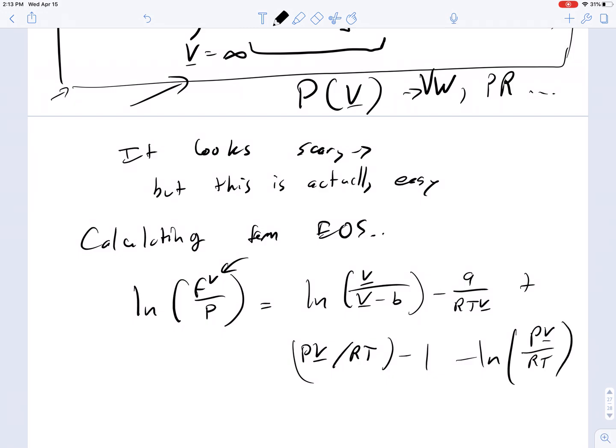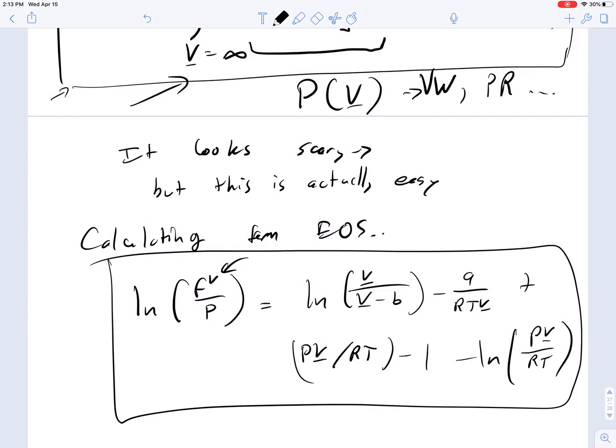So, yeah, don't let all these logs and these equations scare you. We're going to give you, for your problem solving, the form of the fugacity calculation in terms of the substituted equation of state. It's easy enough to just do on your own with some algebra.